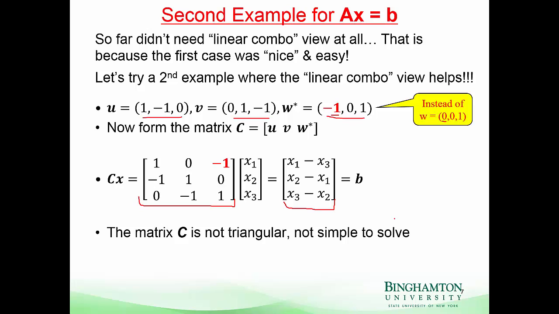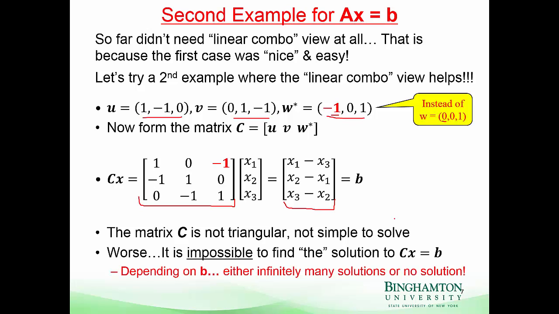So it's not obvious what the solution is for this, and this is not just because it's not triangular, but we have a bad situation here. This particular matrix C doesn't lead to a nice simple solution like the matrix A did.